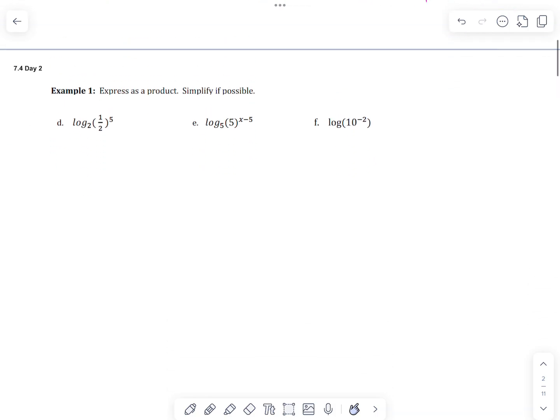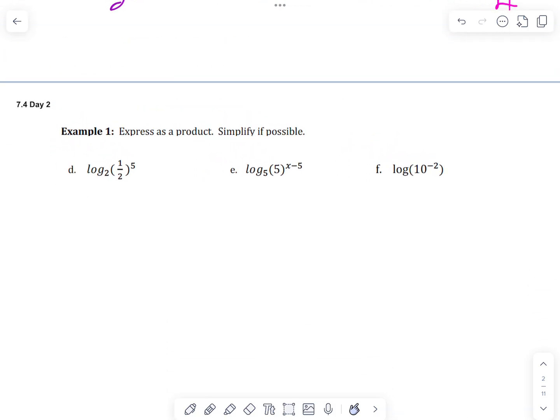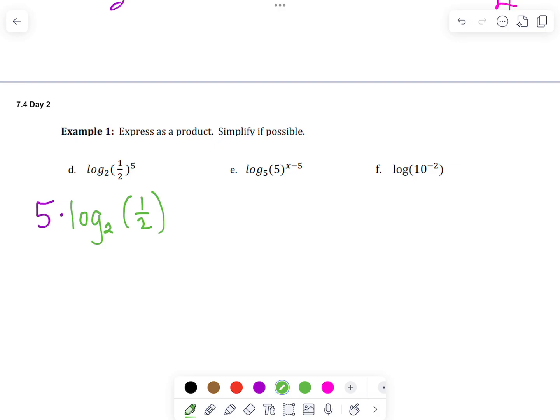All right, here's some more examples. So we're going to use our property. We're going to bring that 5 down in front. And then we have our logarithm of base 2 of 1/2. And I'm going to change this 1/2 to an exponential. So what you can do is use your negative exponent rule and flip it.